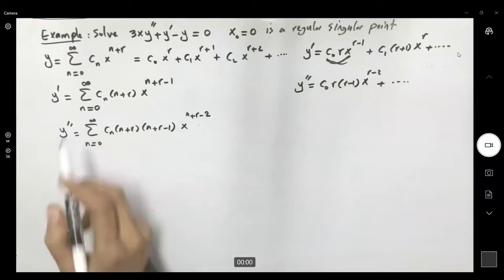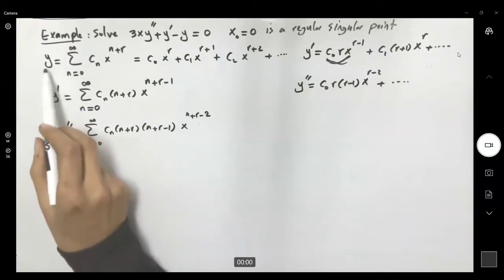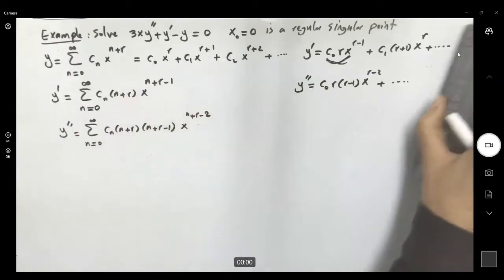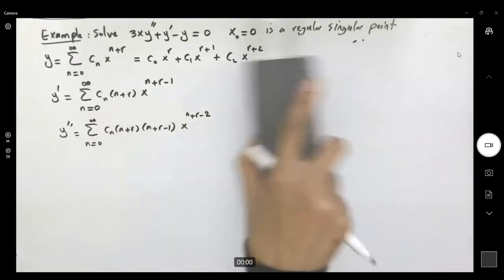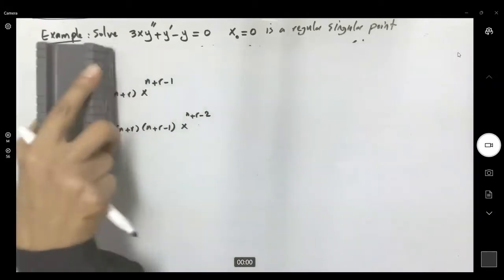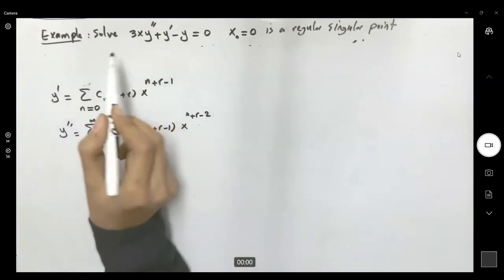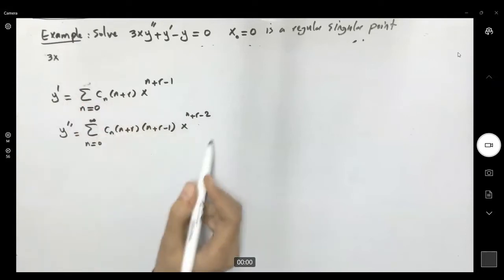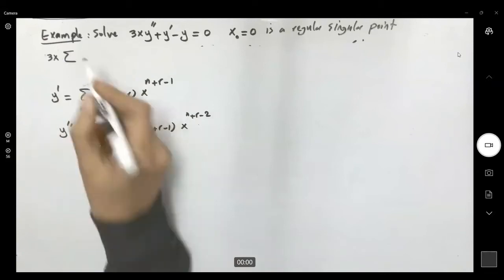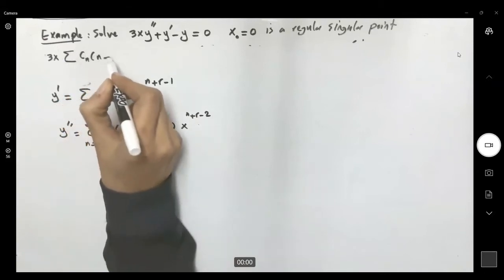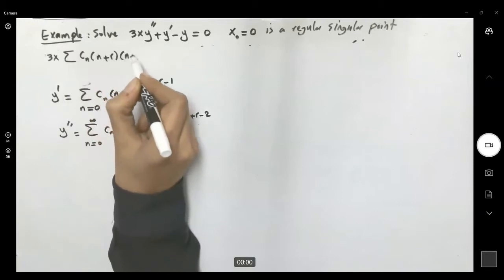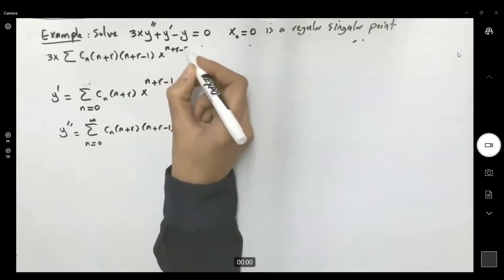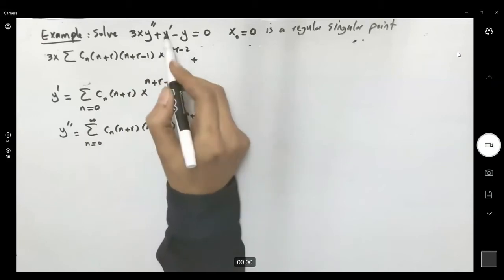Very good. So we have the first derivative, we have the second derivative, we have the power series that we have, and we need to do the substitution. So I'm going to substitute. Let's see, what do we have? So this differential equation becomes 3x times the second derivative, the sum Cn (n plus r)(n plus r minus 1) x to power n plus r minus 2, plus y prime.